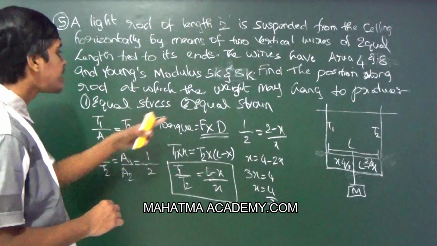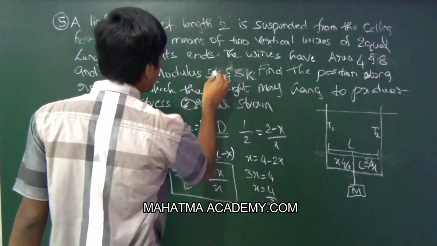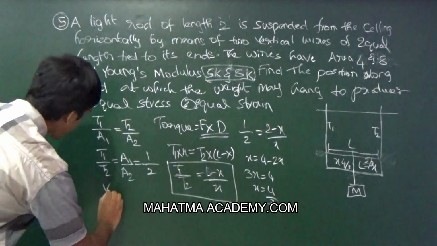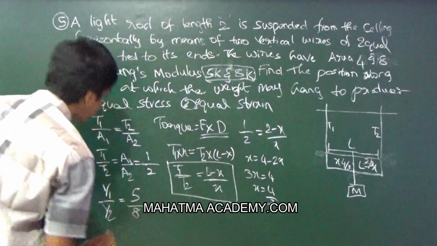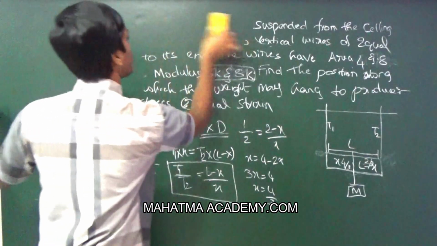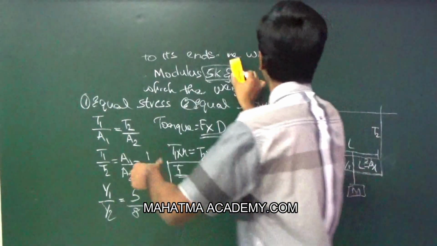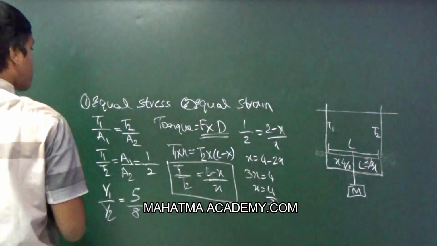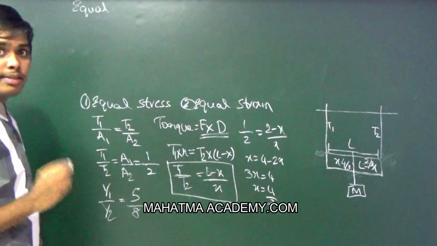Now we will see the second case. First I will write the question. Now we want to use this 5k and 8k. Y1 by Y2 is equal to 5 by 8. Okay, second, equal strain. Is it visible?